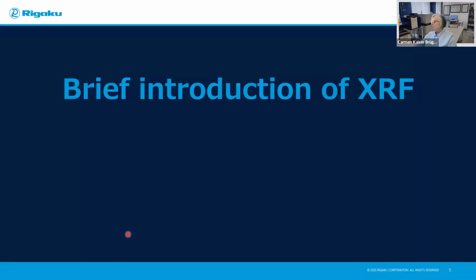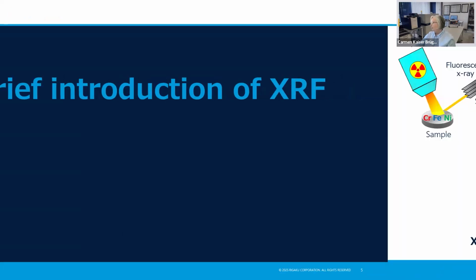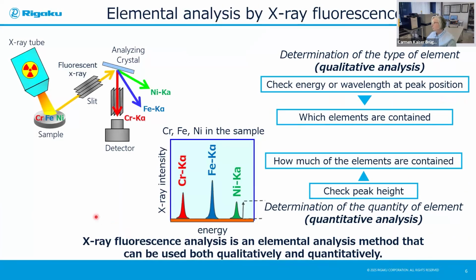Okay, so let's look at a brief introduction of X-ray fluorescence. X-ray fluorescence is an analytical technique where we can do total elemental analysis, either qualitatively or semi-quantitatively, and even with calibration methods, quantitatively. Here you can see a depiction of a spectrometer, which consists of an X-ray tube with a sample that we bombard with primary X-rays.